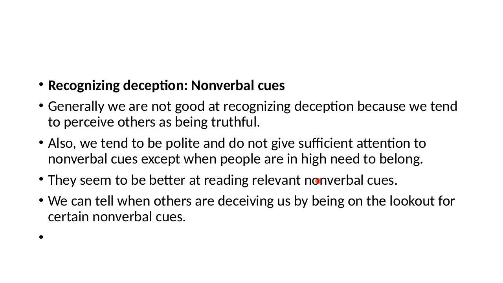So they seem to be better at reading relevant nonverbal cues. We can tell when others are deceiving us by being on the lookout for certain nonverbal cues. For you to know whether someone is deceiving you, you have to pay attention to what they're saying as well as to their nonverbal cues. What is their body language?